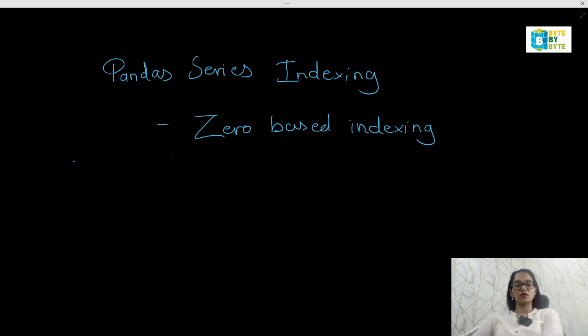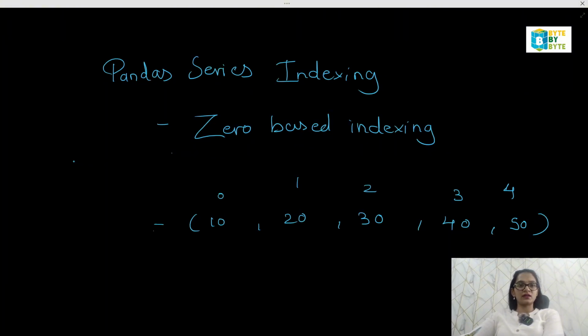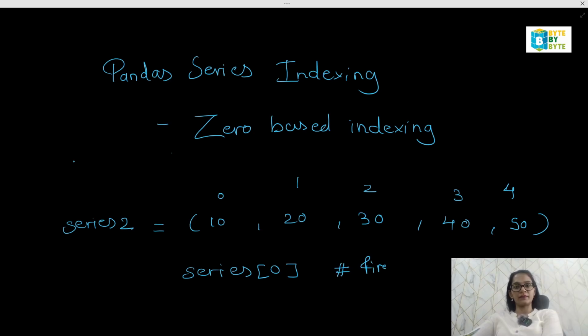With 10, 20, 30, 40 and 50, these will be my indexes: 0, 1, 2, 3 and 4. Let's say this particular thing has series2 as its name. So I will say series2[0] in order to extract the first element.